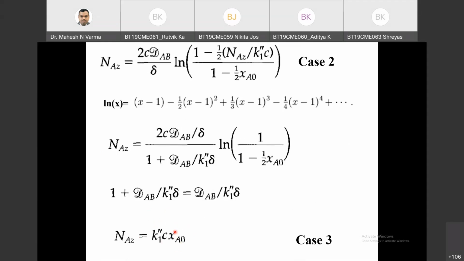And if I know the length of the reactor, I can assume a steady state, or negligible change in concentration for a small delta L of the reactor, take the mass balance over this delta L, and then integrate it over 0 to L. So I will get the overall rate of mass transfer.